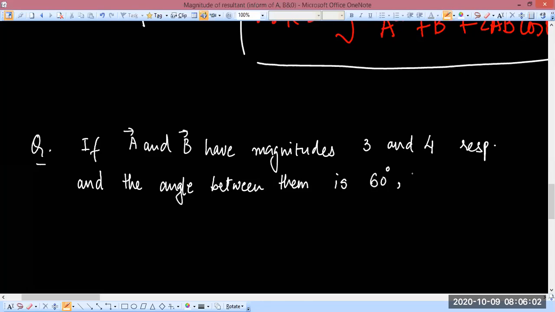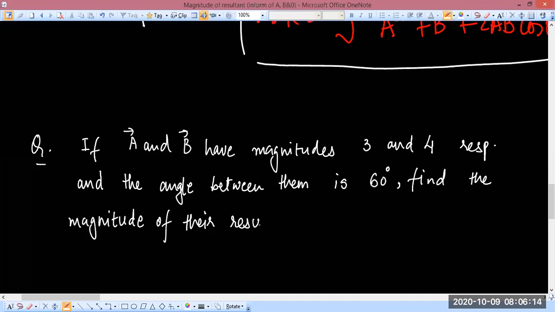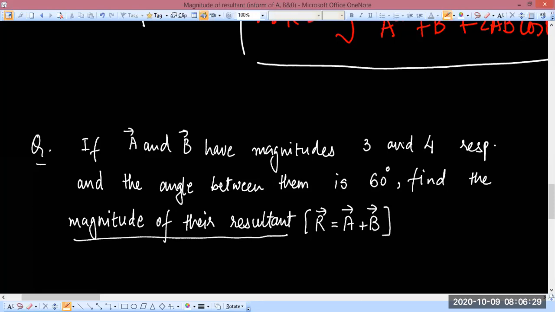Find the magnitude of their resultant. Again, resultant means R vector. Clear? So we have to find the magnitude of their resultant, R vector, that is nothing but this.